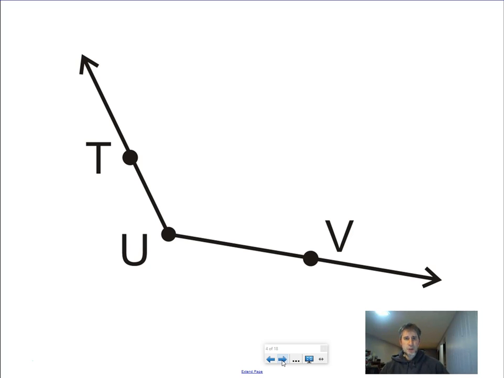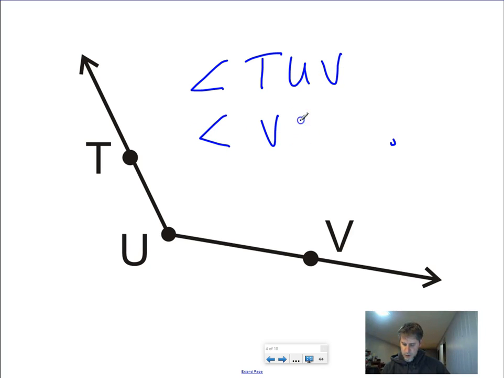So hopefully you put in your answer and you recognized that you could have put angle, and this is the symbol for angle, angle TUV. You could have also said angle VUT, but also recognizing why the letter U would be in the middle.